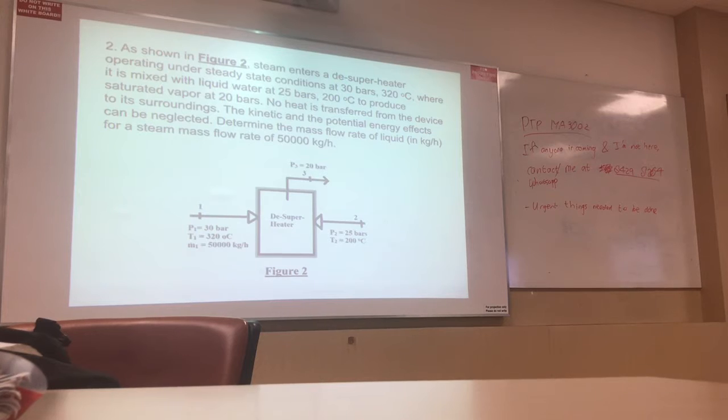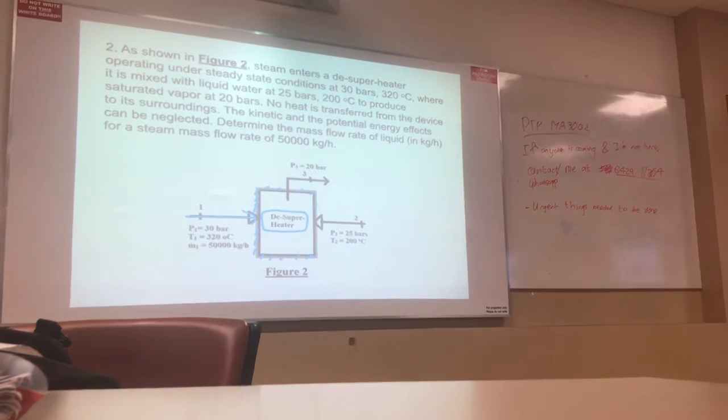You understand? That means fluid enters into a desuperheater. This is a chamber, right? An adiabatic chamber. No heat is lost from this chamber to the outside. In the question it is mentioned.